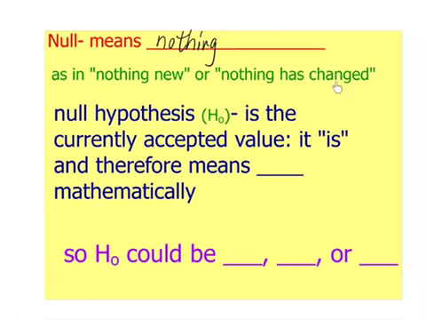Nothing has changed from what someone has already told you. It's listed as H0. Someone told you this, so it's the currently accepted value. Mathematically speaking, it is. And when something is, we usually say it's equal. However, H0 could be a regular equal, a greater than or equal, or a less than or equal.